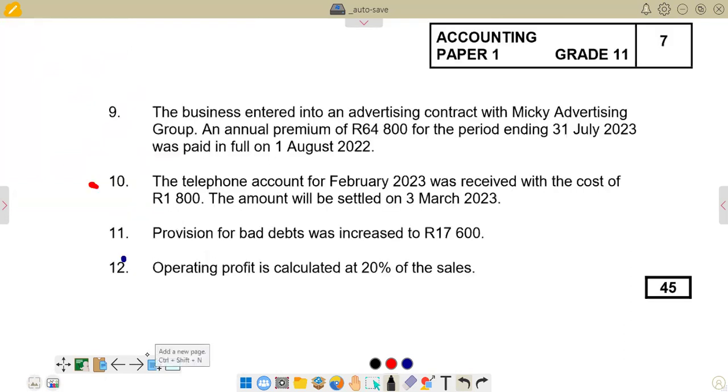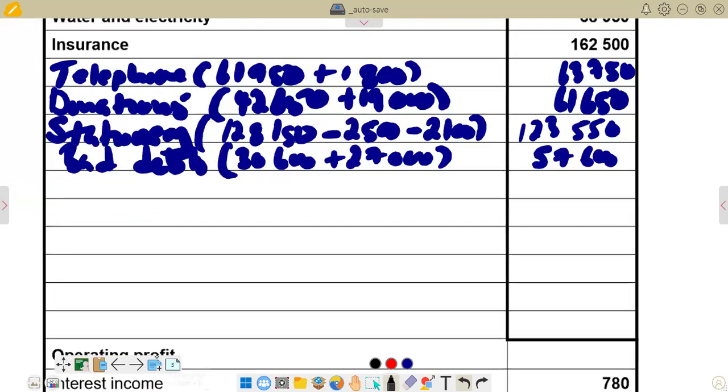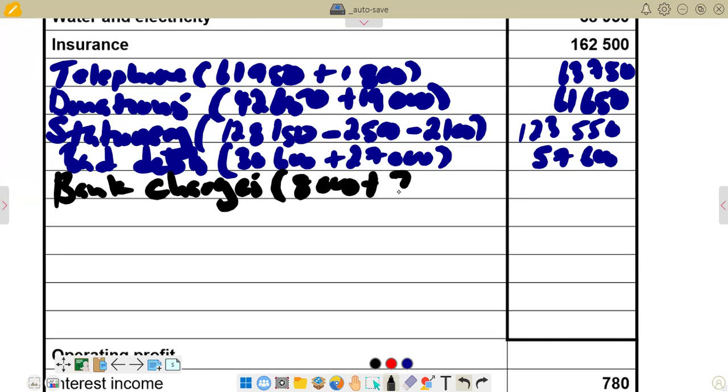So if you come here, you're just going to summarize as such by saying here bank charges, whereby we are saying the figure that we are given in the list of balances is 8,000. Plus the 730 additional information, we're going to get 8,730. So this is what we have.